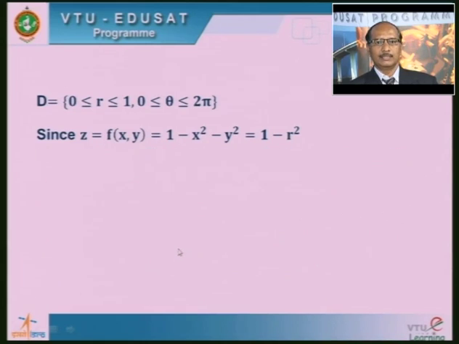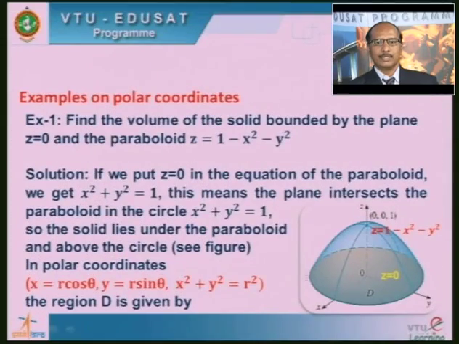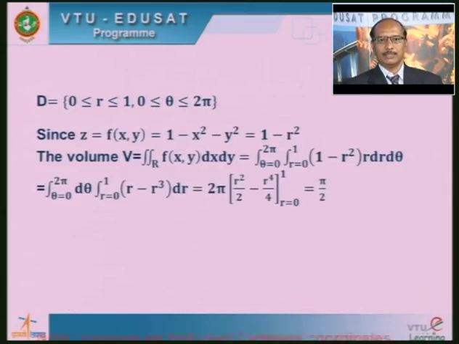The limits of the circle in Cartesian are x equal to minus 1 to plus 1, and y limits are functions of x, that is y square is equal to 1 minus x square, then y is equal to plus or minus under root 1 minus x square, means the lower limit of y is minus under root 1 minus x square and the upper limit of y is plus under root 1 minus x square.